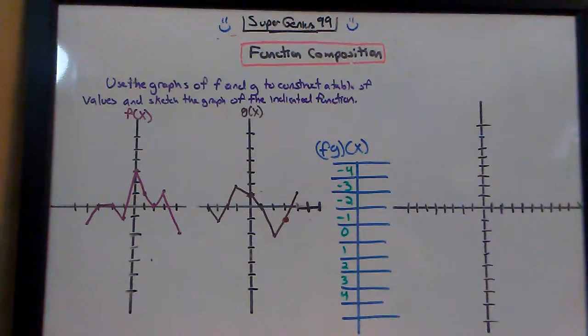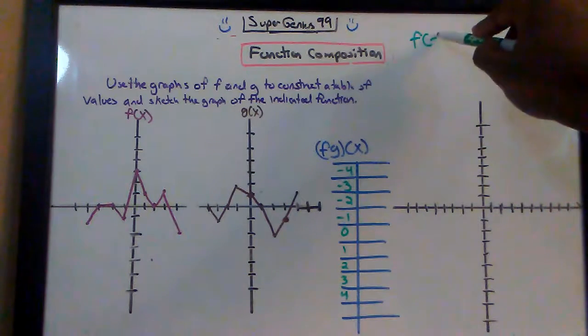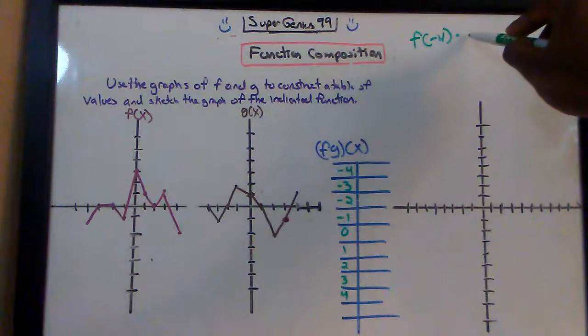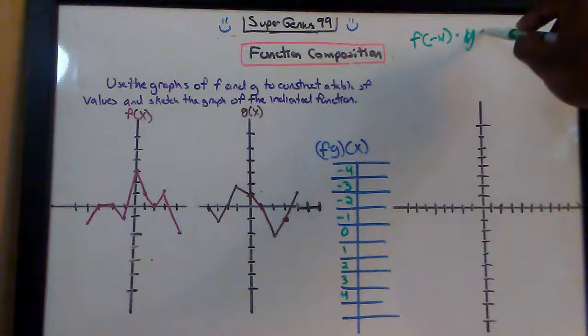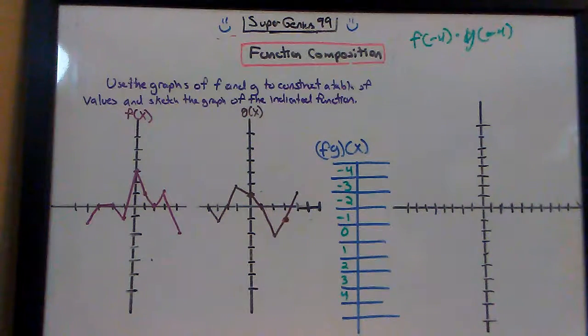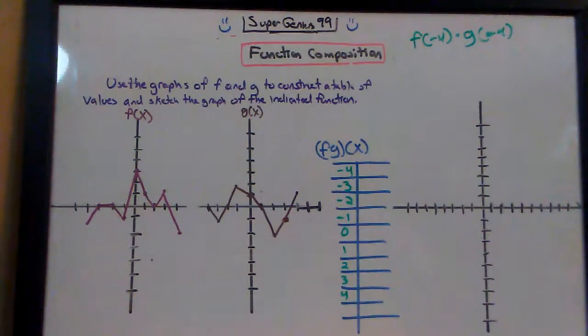So the first one, -4, we just ask ourselves, what's f of -4 times, I'll put a little dot for times, g of -4. Okay, so it's f of -4 times g of -4. Let me write that g a little bit better. Okay, so you go over to your f graph.